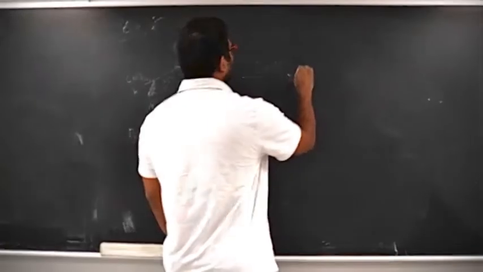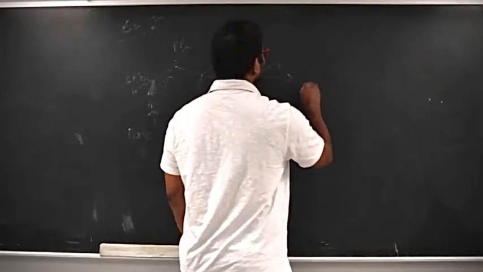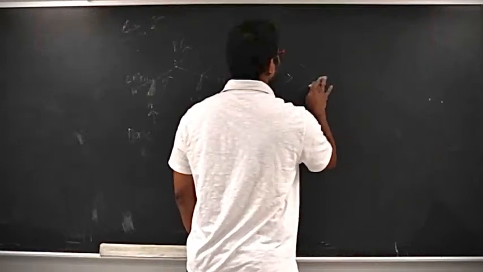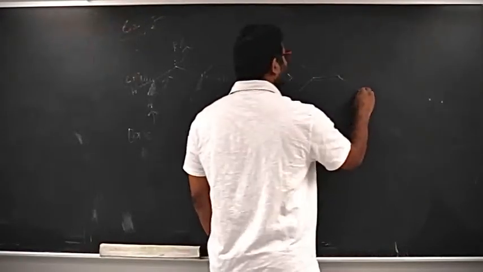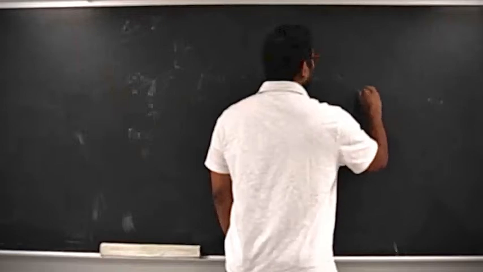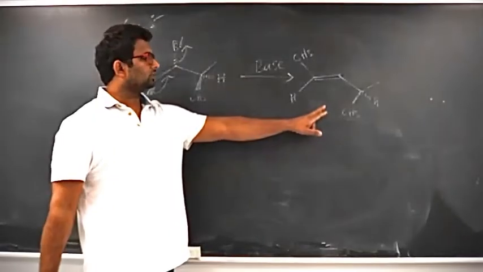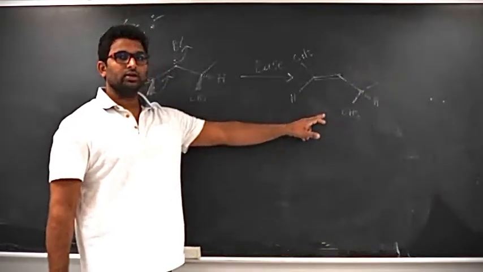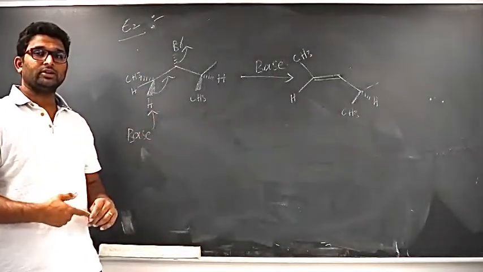So the product will be this, and this will be your major product. So this is how the stereochemistry helped to predict the major product in the reactions.